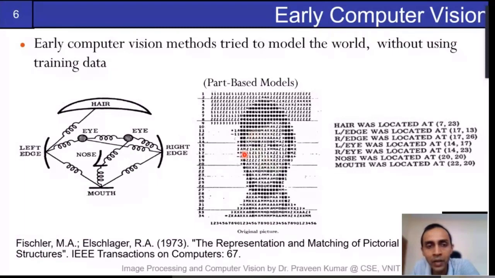The overall arrangement pattern can be modeled this way, with distances having some range. And these methods worked only on a very restrictive set of images and very simple scenarios.